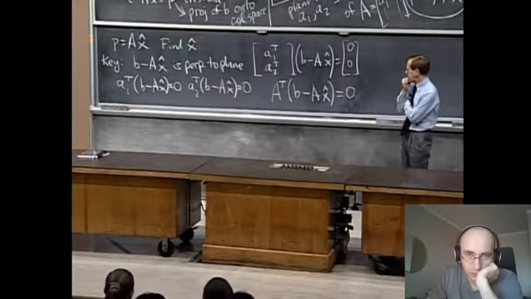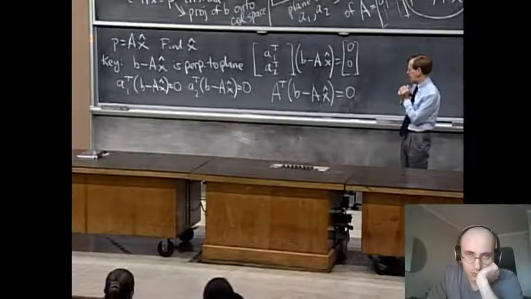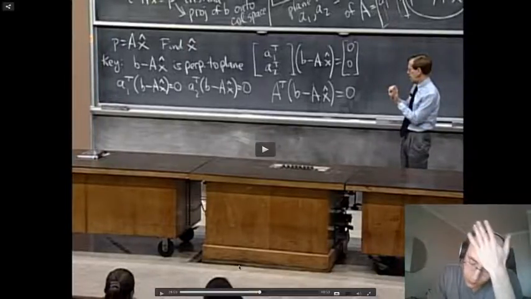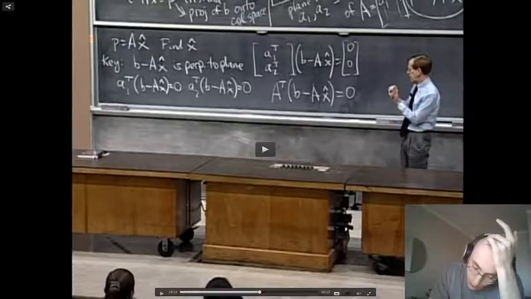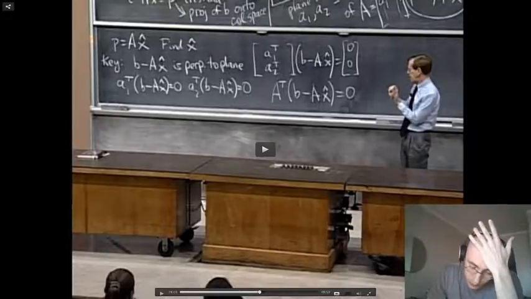Now I want to stop for a moment before I solve it. So what we are finding here is A transpose times some vector, which gives us zeros.